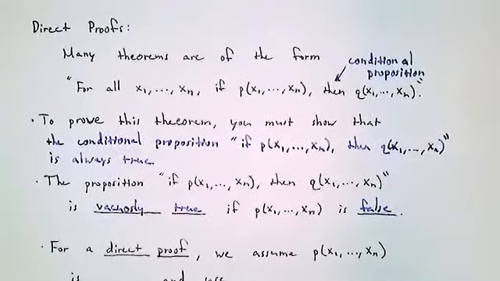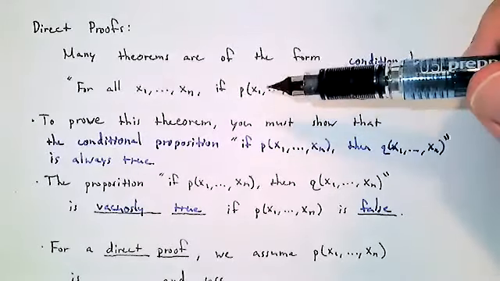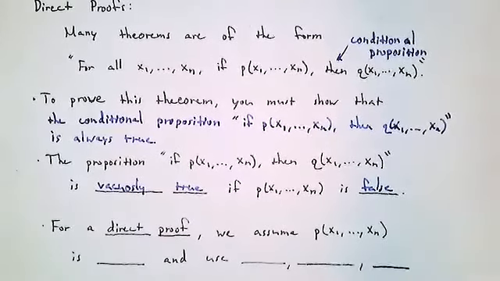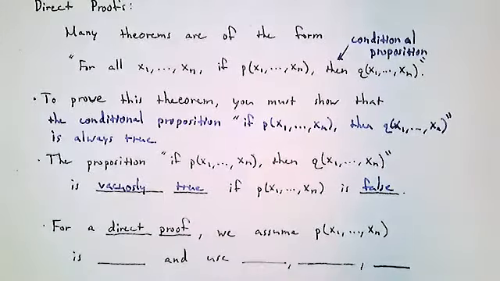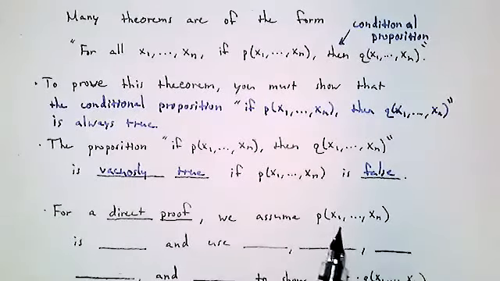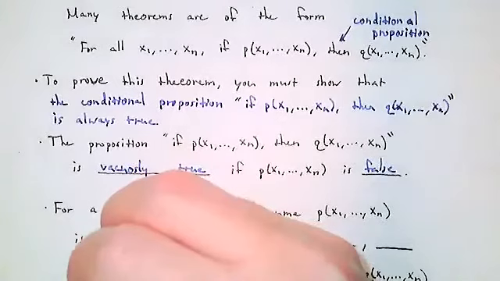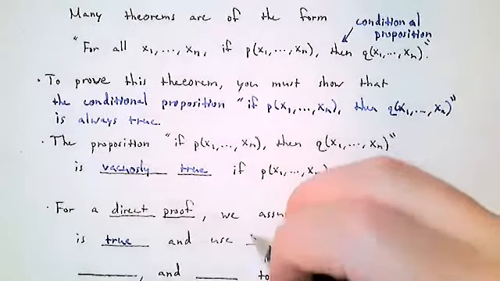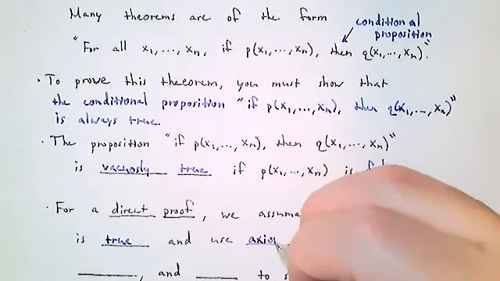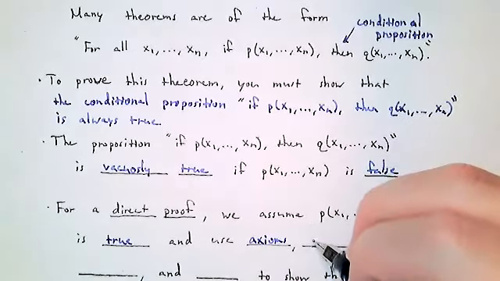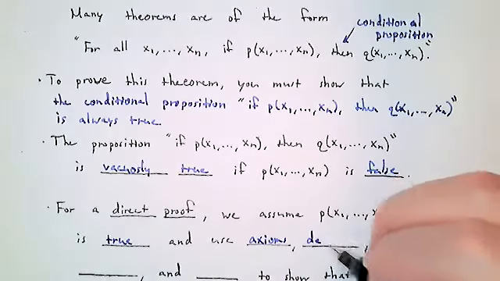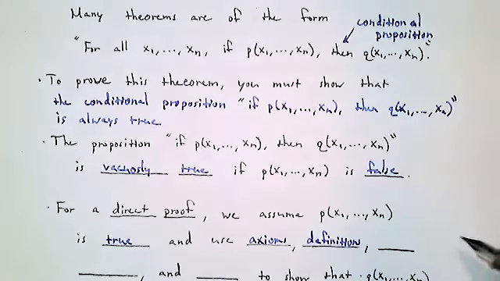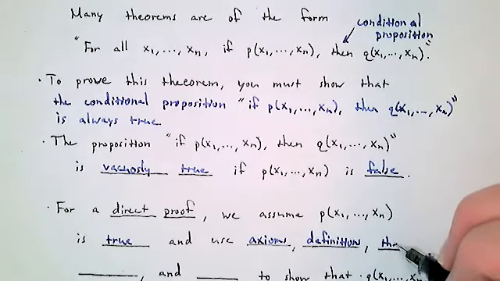So for a direct proof with a conditional proposition, we actually only have to consider what happens when the hypothesis is true, when p of x1 through xn is true. And then we're going to use our tools, in this case, axioms, definitions, maybe other theorems that have already been proven.